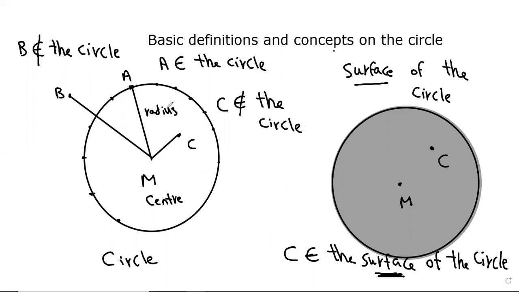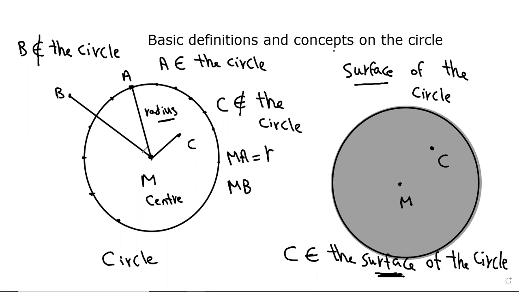What is the definition of the radius? The radius is that line segment that joins between the center of the circle and any point on the circle. So in this circle here, you will find MA as a radius, so MA equals R. And what about MB?